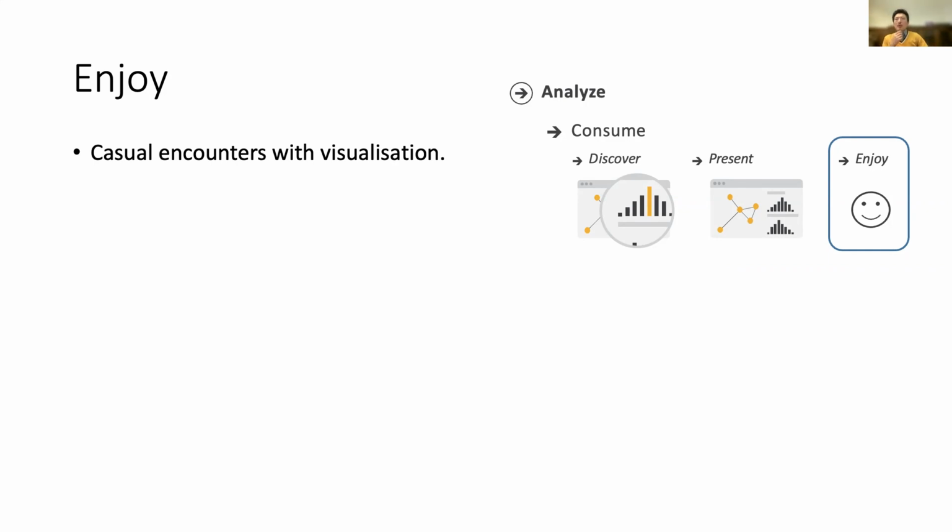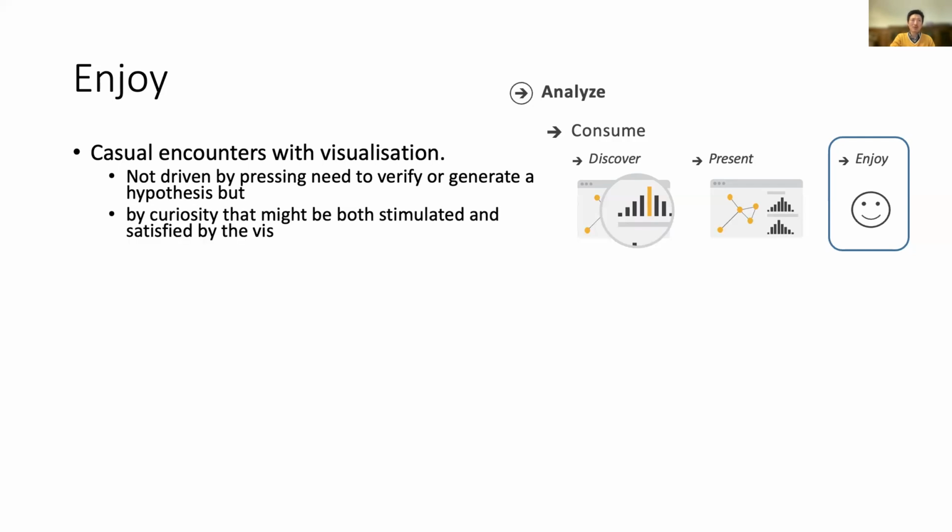Enjoy would potentially include both, but usually for completely different purposes, because these are people not doing data validation and presentation as part of their job, but out of personal interest. For example, they don't necessarily have any hypothesis to confirm or disconfirm, or need to generate a new hypothesis. This is usually just because of curiosity.